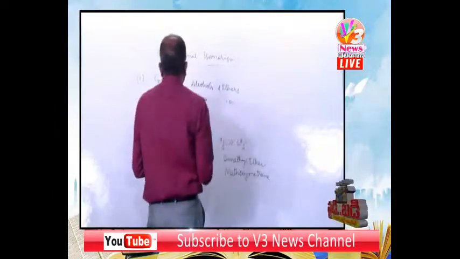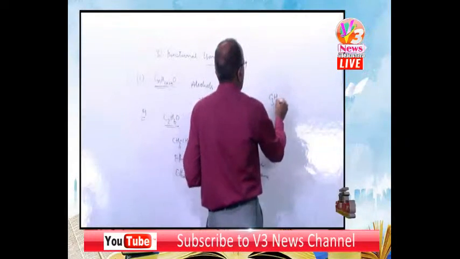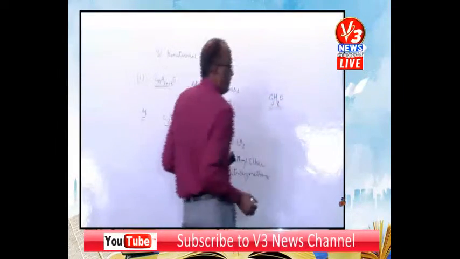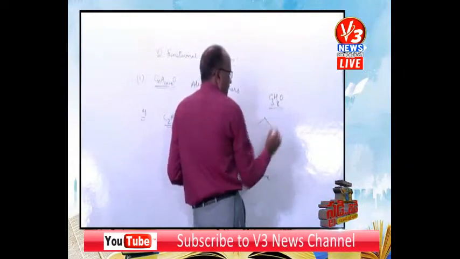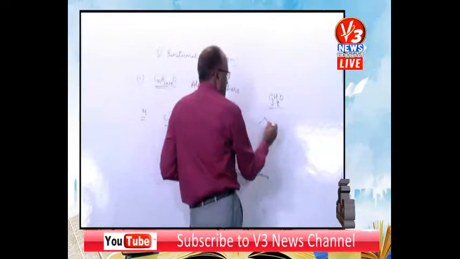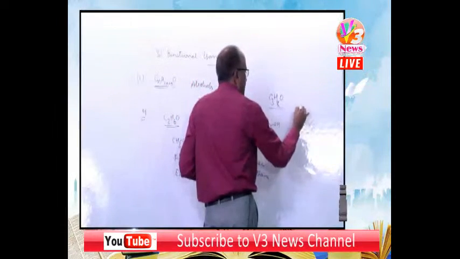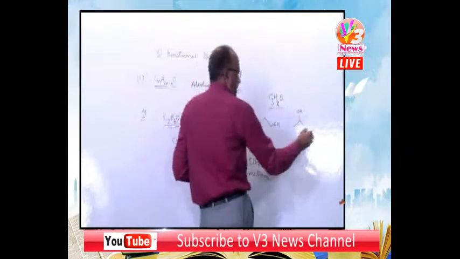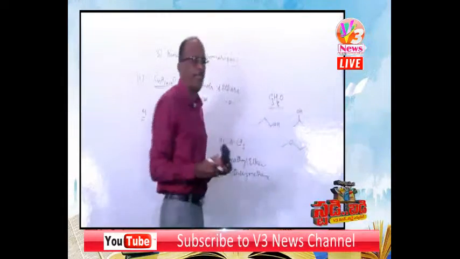Now another example we will take. C3H8O. How many alcoholic structures are possible? Let first I write 3 carbons. I place OH at first carbon and OH at second carbon in another structure, and third structure I write like this.